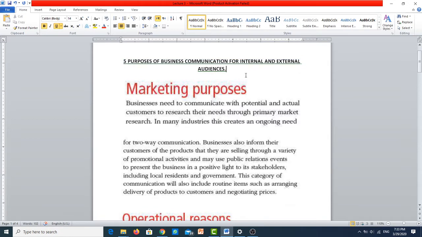Audience are the people who work within the organization and outside of the organization with you. The suppliers are the audience, the customers are the audience for you. The general manager is the internal audience.